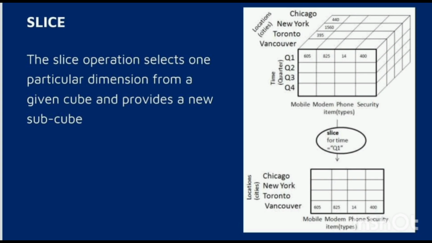For this kind of purpose, we are using slicing operation. So here we will slice the particular amount of data which is present above the data cube. So we will remove the first four values of the data cube, which are 605, 825, 14 and 400.